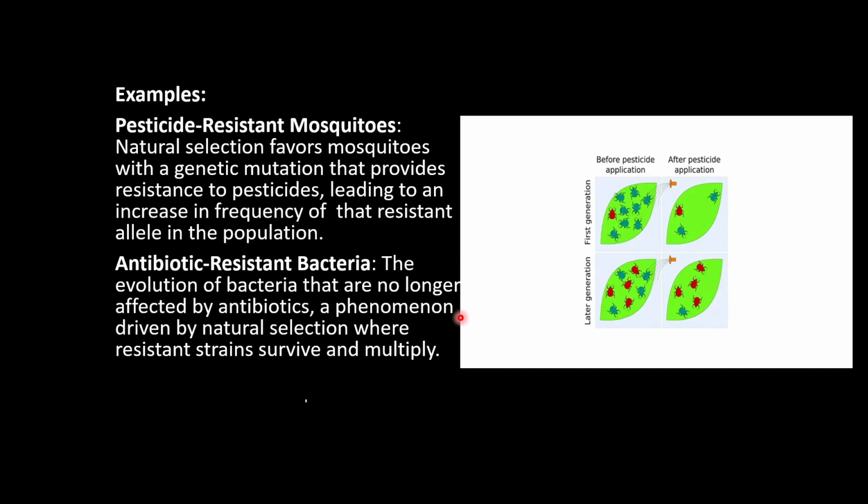Similarly, antibiotics are used to treat bacteria, but sometimes particular antibiotics do not work on some bacteria. That means bacteria change by natural selection and mutation and multiply, becoming antibiotic-resistant bacteria.